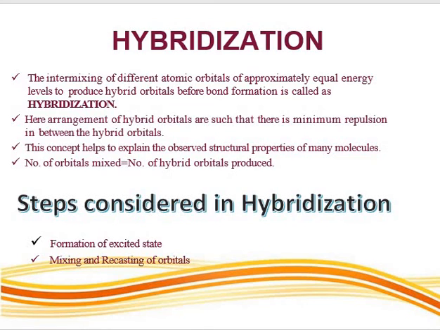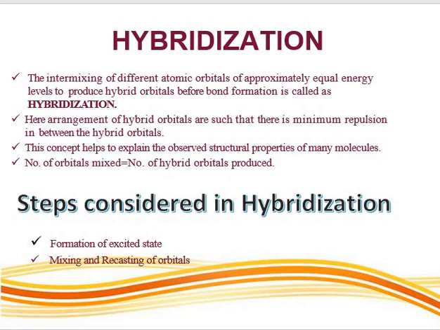Now, what are the steps for the hybridization process? First step is the formation of excited state, and the other is the mixing and recasting of orbitals. Now the first step is formation of excited state.